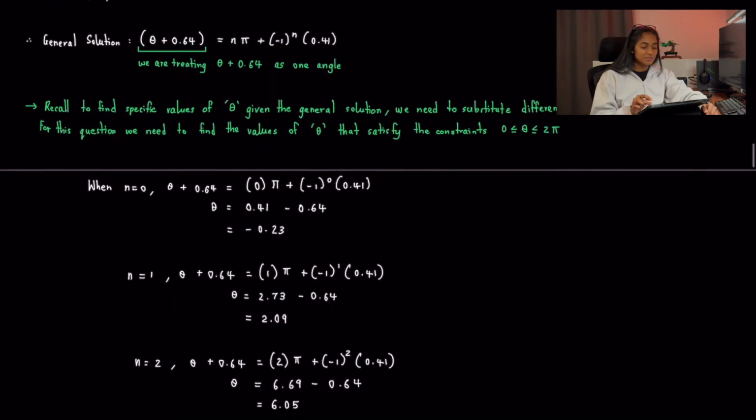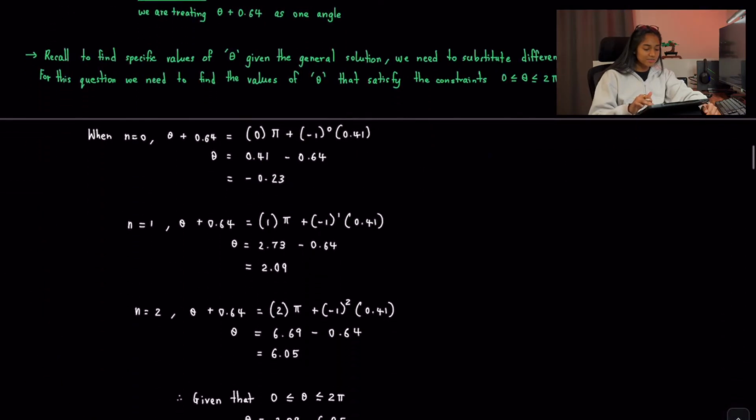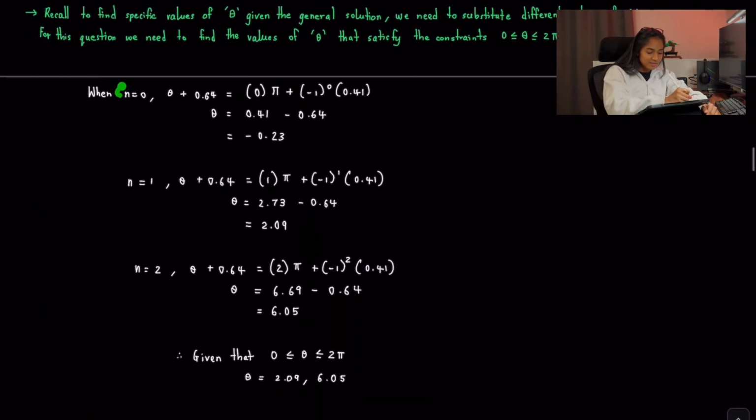So for this question, we need to find the value of theta that satisfies the constraints given in the question above here. Okay, so what we're doing now is we substitute in values of n. So n is equal to 0, n is equal to 1, n is equal to 2. And then we're going to see, okay, does this fit? No. So we don't use that. Does this fit? Yes. And does this fit?